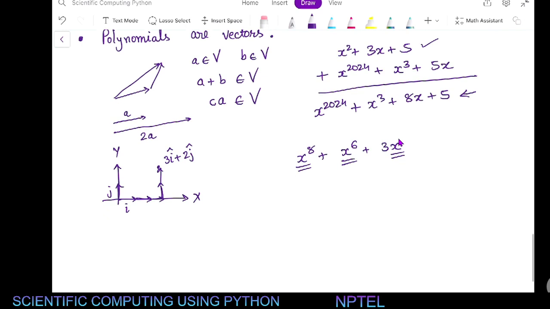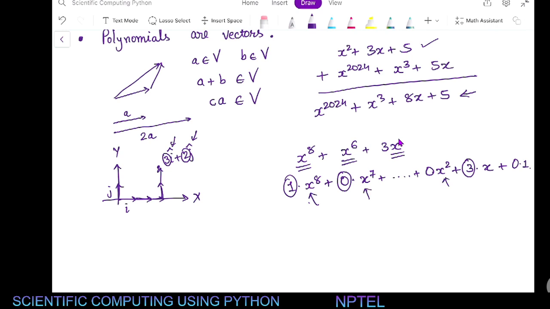So we write it as 1 times x to the power 8 plus 0 times x to the power 7, all zeros, 0 times x squared plus 3 times x plus 0 times 1. These are your coefficients. These i, j unit vectors are your monomials.